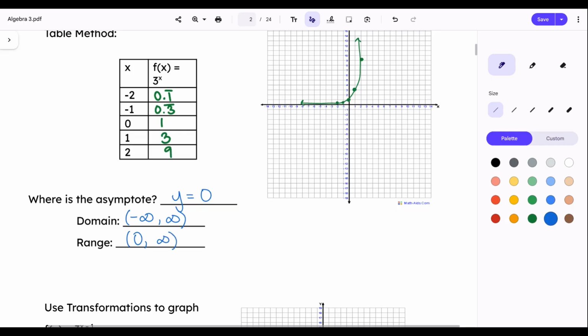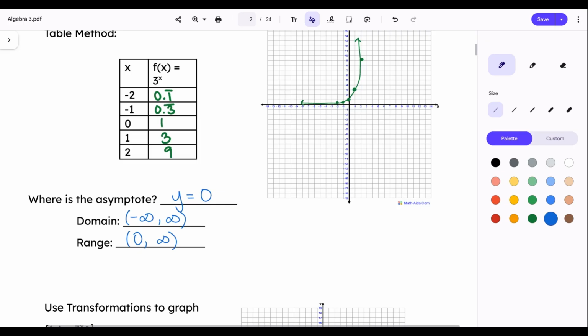All right, so now that you have an idea of how this graph is going to work, we now know what a general form of these exponential equations looks like. Now we're going to start looking at what happens if I put in some other numbers into the equation. 3 to the x power, I wouldn't say it's the true parent function, but it's pretty close to what we would call the parent function.